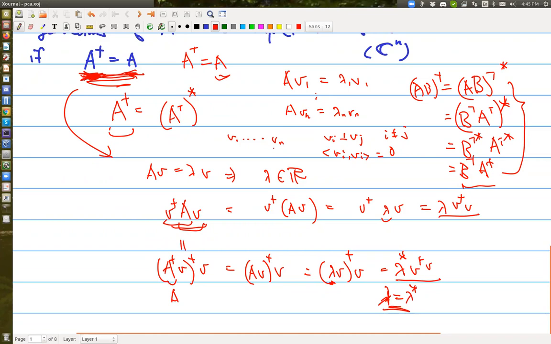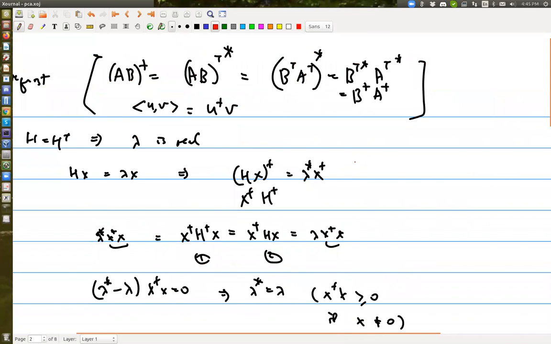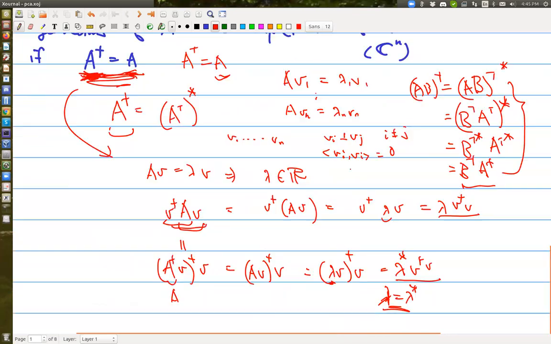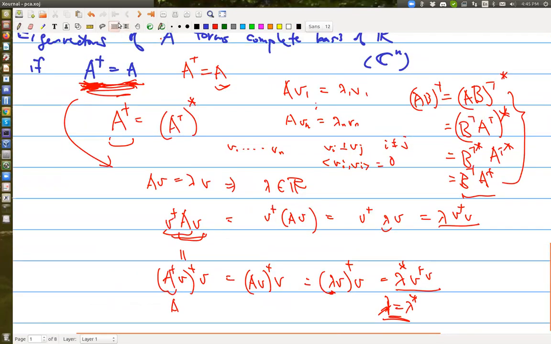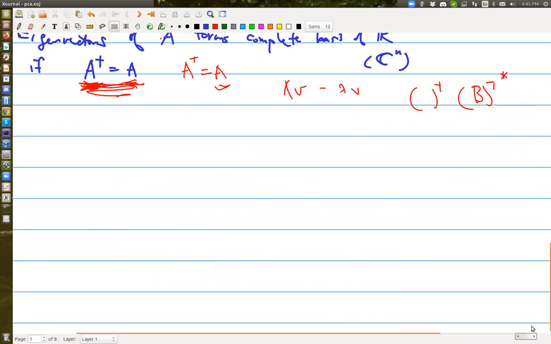Now I can also show that. Let me erase this now here. If a matrix is Hermitian, then if I have two eigenvectors, let's say A V1 is equal to lambda 1 V1, and A V2 is equal to lambda 2 V2.